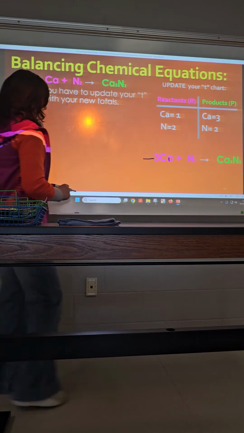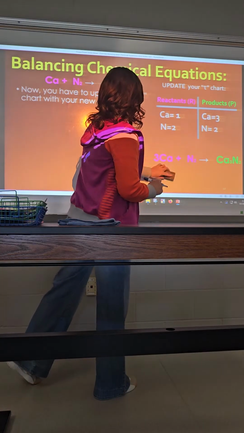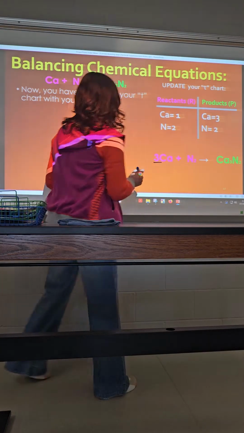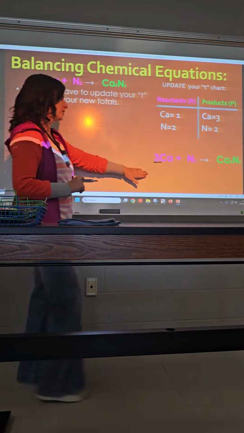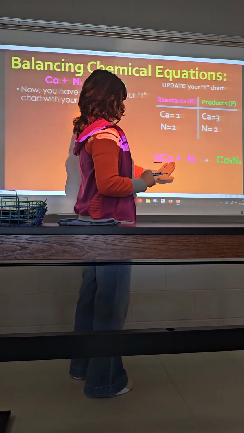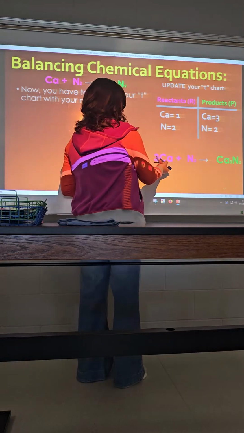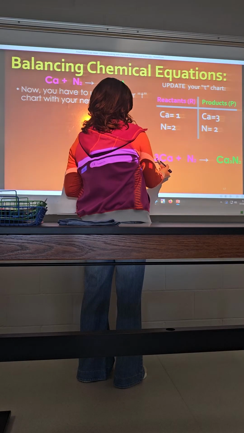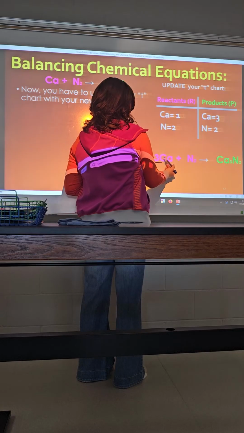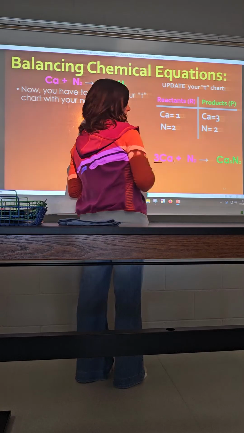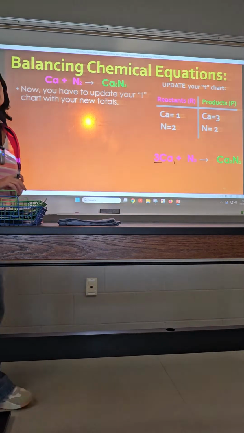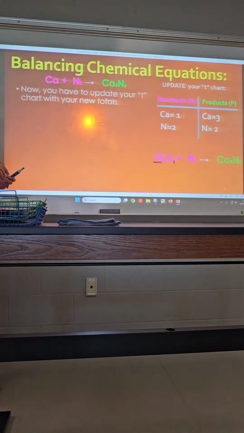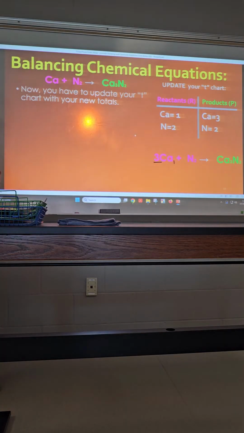Okay, so now, right, this was what I had underlined. We have to update our chart with our new total. So this is our new working equation, right? So if we have a coefficient of 3 out front, we have to multiply it by the subscript of 1. So what's that going to change my calcium total to? What do you think, Owen? 3, right?